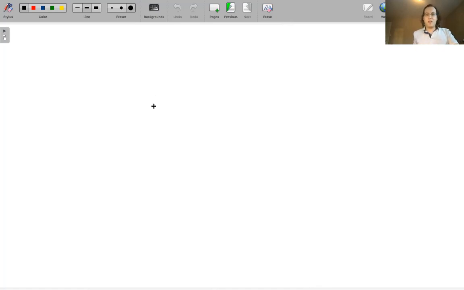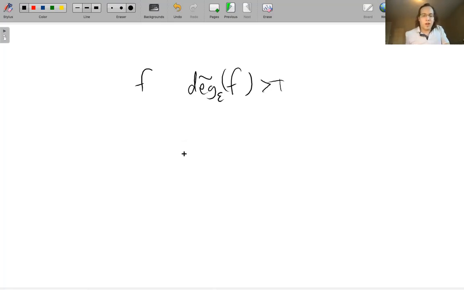And it becomes a lower bound technique. There's a theorem in the notes that says that if you have a function f, and you want to prove that its approximate degree is bigger than something, then you only need to provide two objects.